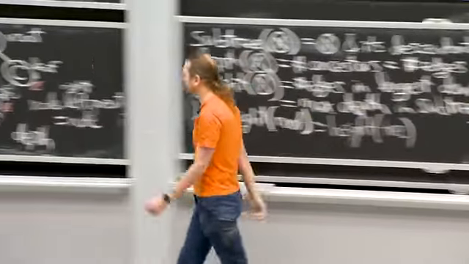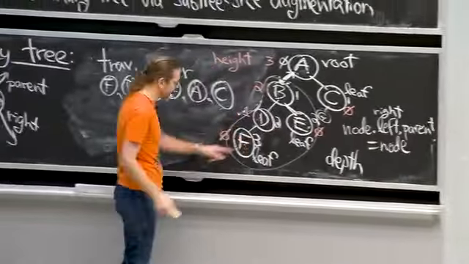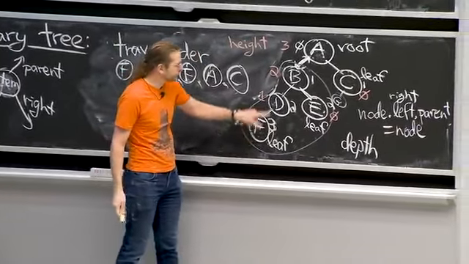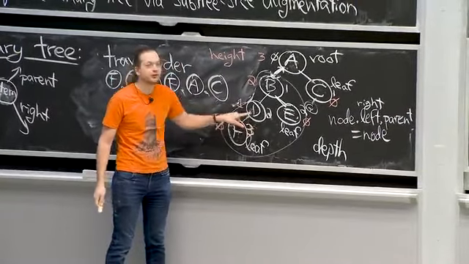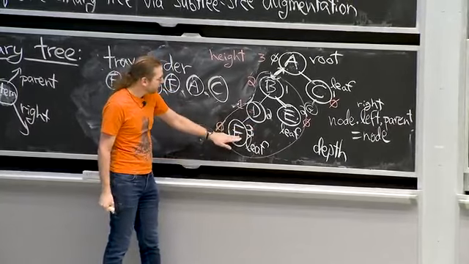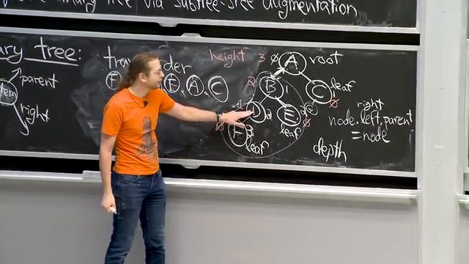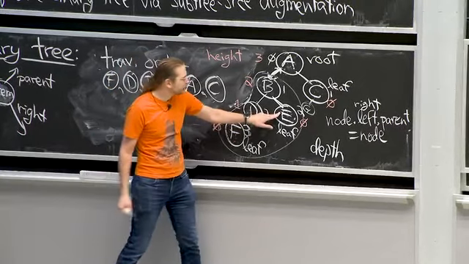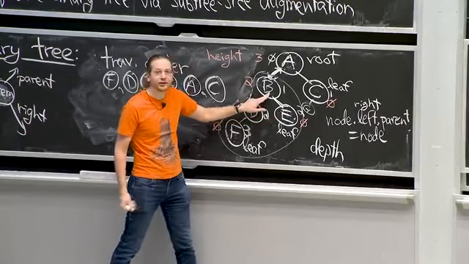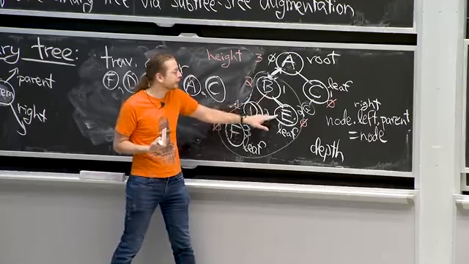So for example, it could be a leaf. Say we're taking the successor of, it doesn't have to be a leaf. It could be F, which has no children. It could be D, which has one child, but no right child. So what's the successor of F? Well, it's D, which in this case is the parent, but it's not always. For example, if we do the successor of E, its parent is actually earlier in the order because E was a right child.